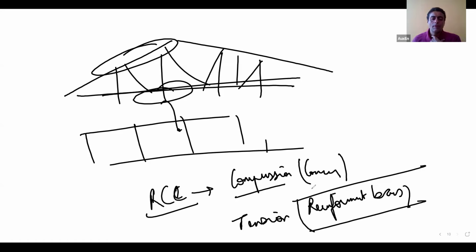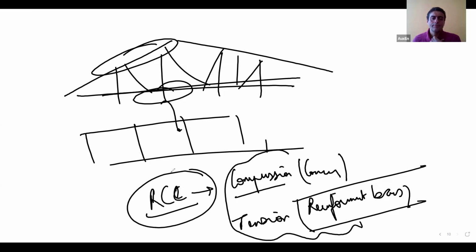Now, one very big problem with RCC is what? Because we have integrated reinforcement and concrete together, one very big problem is durability. You understand? Why does durability become a very big problem? Because reinforcements are prone to rusting.